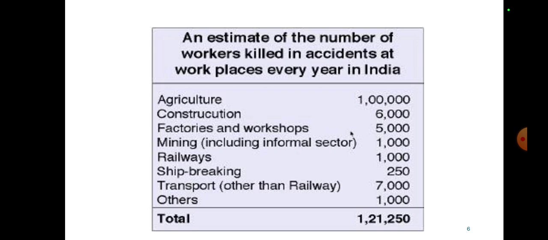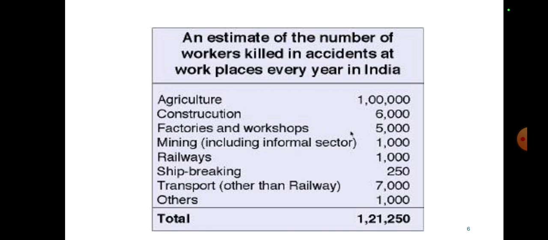Here we have an example of different types of workers working in different sectors like agriculture, construction, factories, mining, railway, shipbreaking, transport and others. It constitutes 1,21,250 workers who are killed in accidents in different workplaces in these sectors.